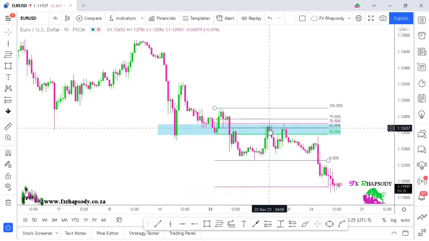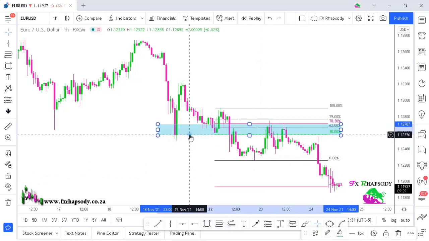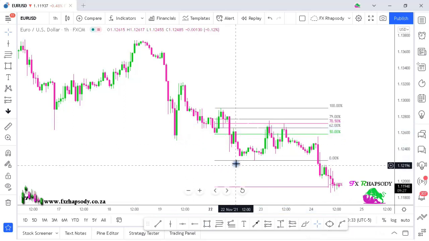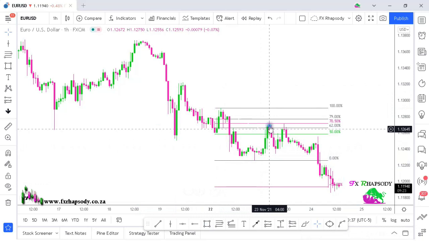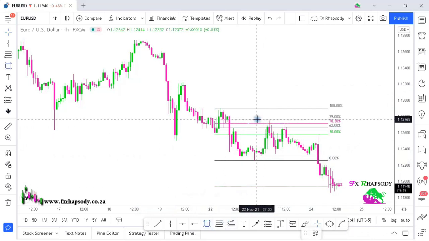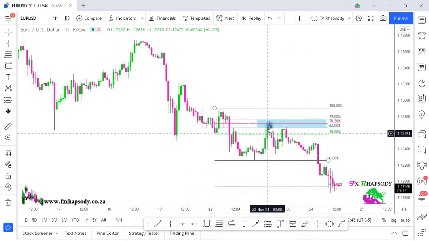Rule number 3, wait for retracement. So structure has been broken. I'm just going to take structure out there. Bam. We have a clearer view. Now we have the Fibonacci in play. Now what we do is wait for retracement. Retracement is always between 62 and 79%. Where does that happen? First over here.